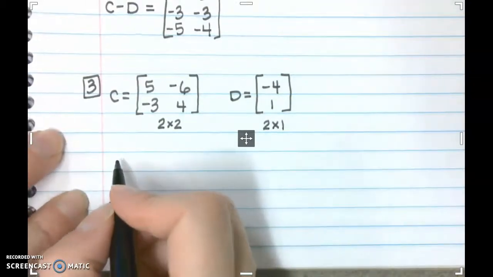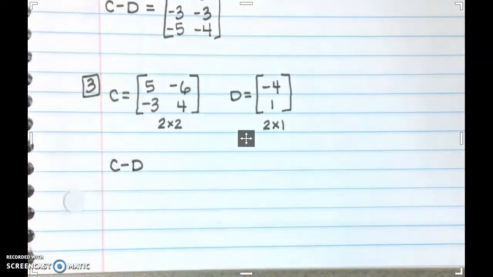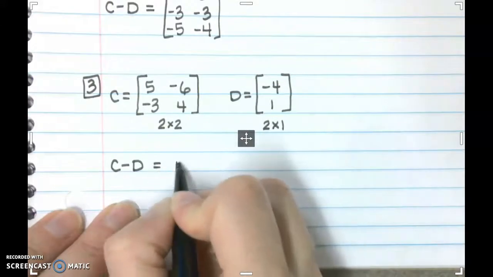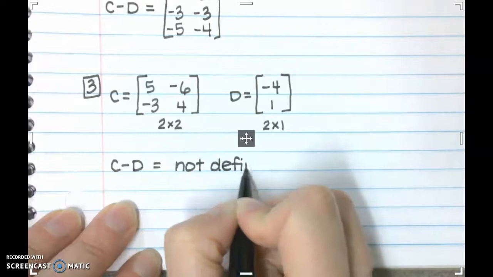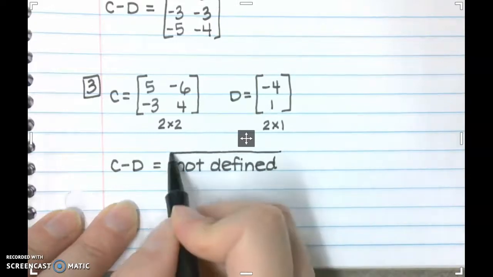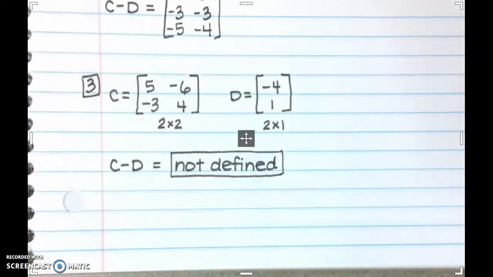If I was asked to either add or subtract, let's say we wanted to find C minus D, I'm going to have to say this is not defined. It's impossible. Sometimes we'll use some different vocabulary there, but this is not an operation that's defined. We're not able to take a 2 by 2 matrix and subtract a 2 by 1 matrix.